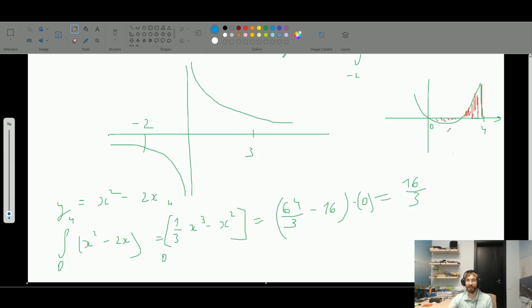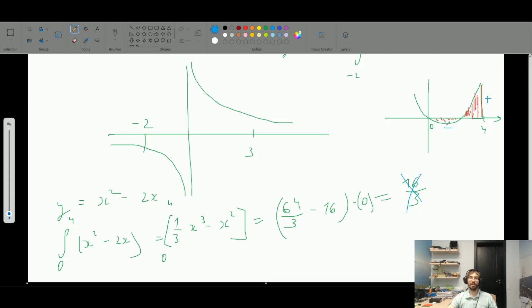So that will be negative, that will be positive, and hence they will cancel out or subtract one from the other, and therefore 16 over 3 will not be a correct answer for this total area.